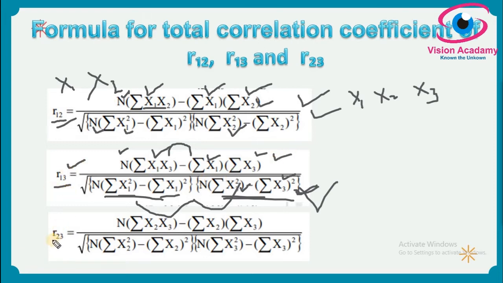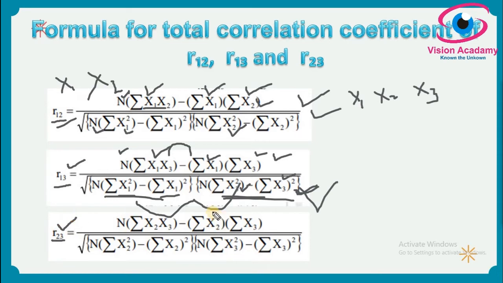And the last one is R23. Here we will use all possible combinations of the x2 and x3 variables. As we used x1 and x3 here, we will use x2 and x3 because we are dealing with R23.